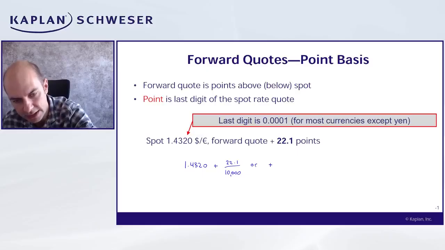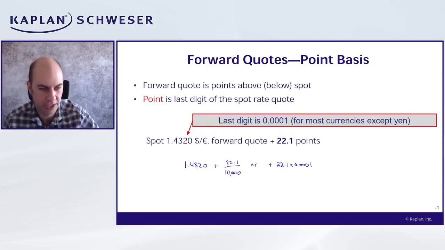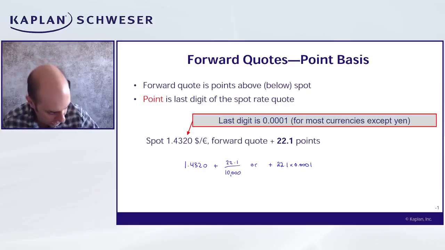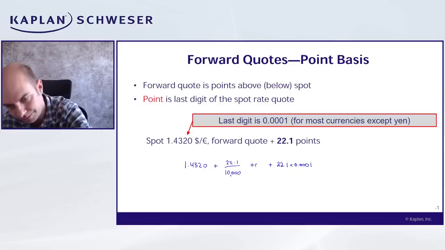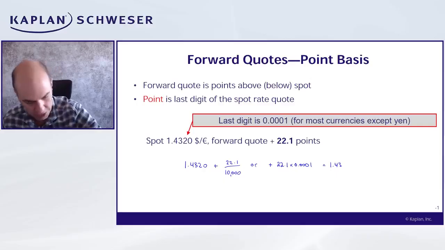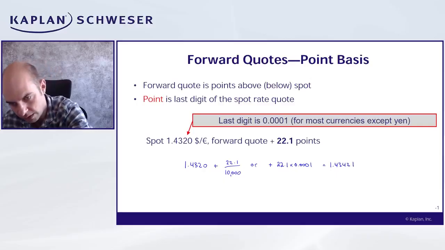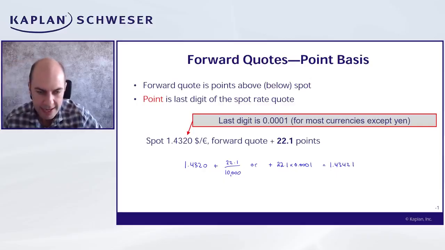I can add 22.1 times spot times 0.0001. Yeah, so that's mathematically obviously the same. And in both cases, the answer will be 1.4342. Okay.